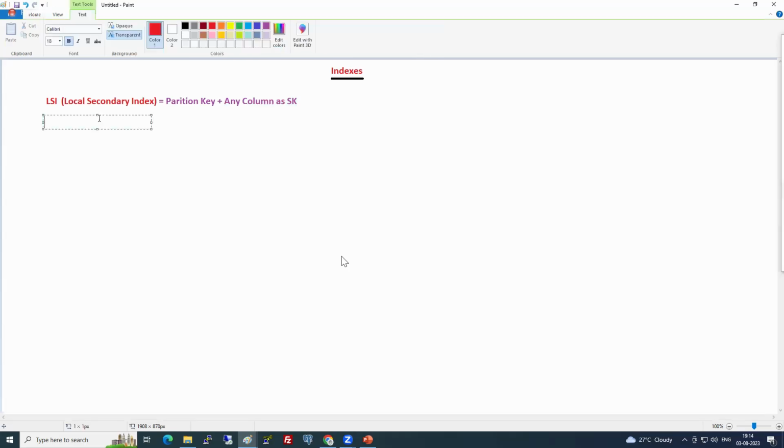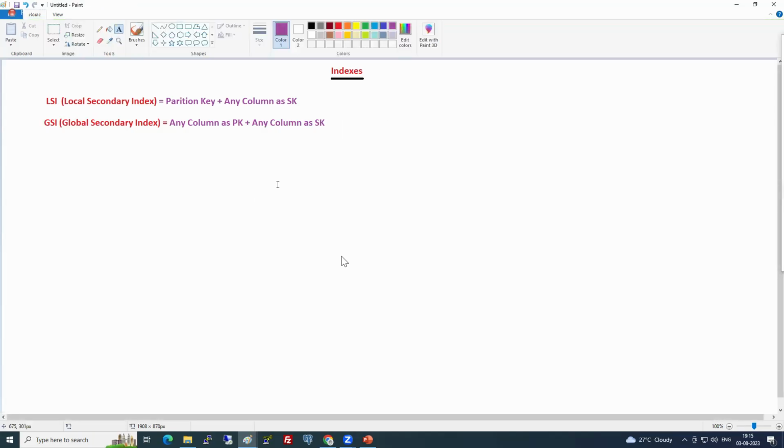And the second one is GSI. What is it? Global Secondary Index. Here you have any column as the primary key plus any column as the sort key.